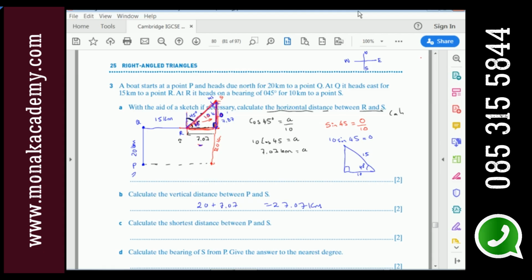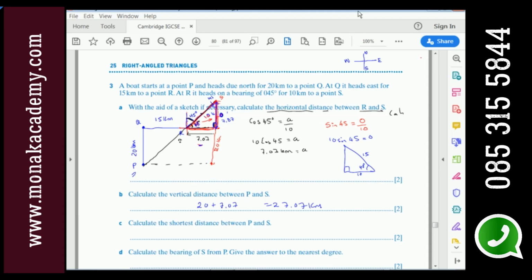When you slide your line from S down to P, they want this whole distance. So I already have 20 and 15 kilometers. I have to find P and R.